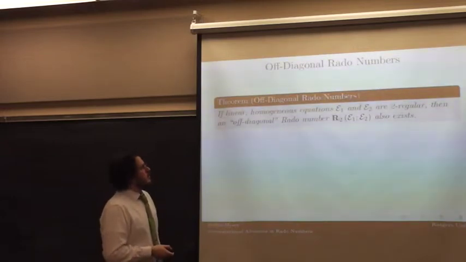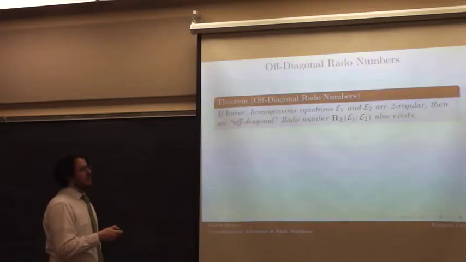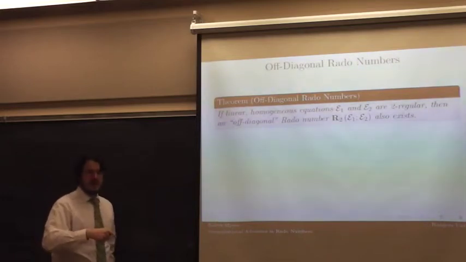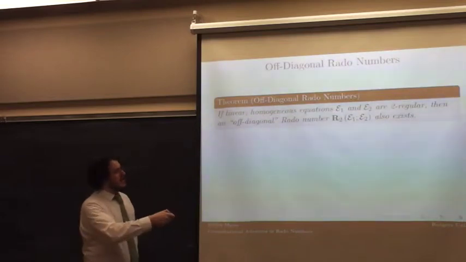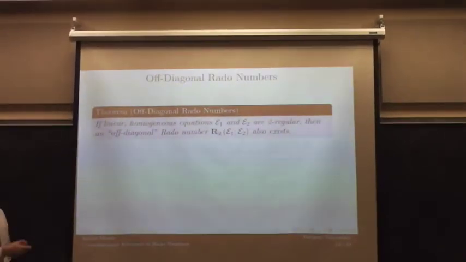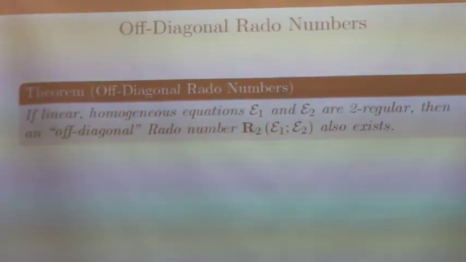So for 2 colors, we can say if E1 and E2 are 2-regular, which just requires them to have 3 variables and nothing silly, then we can find an off-diagonal Rado number, which has the same kind of look as those Ramsey numbers. So E1 goes to color 1, E2 goes to color 2. If you flip them, it's the same because you just switch the roles of the colors.